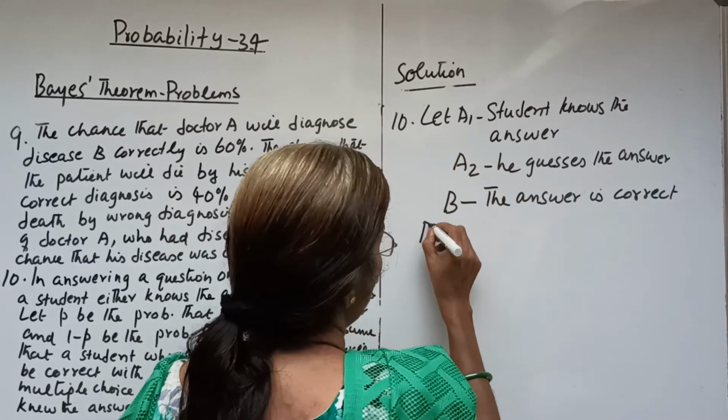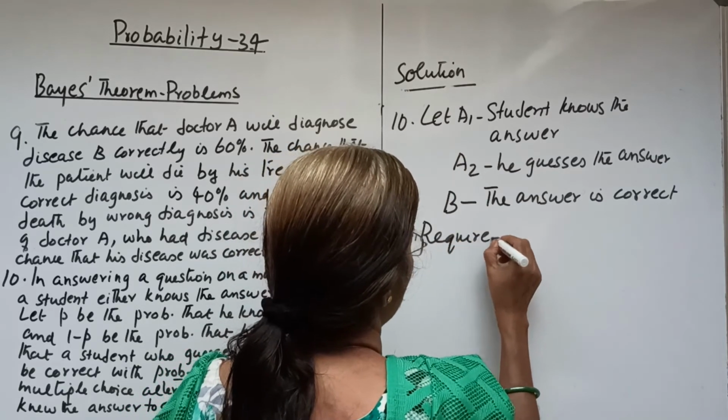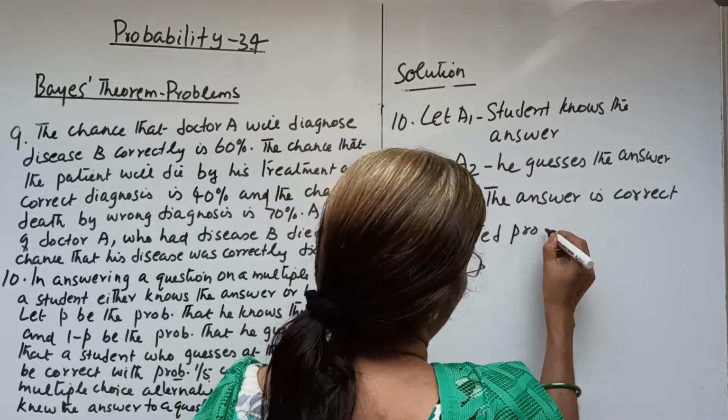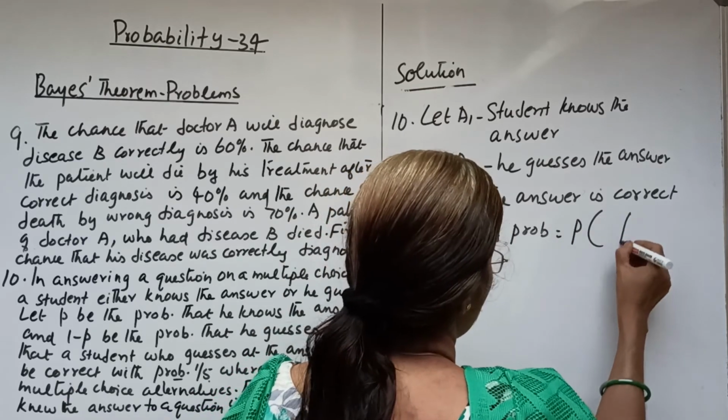So the required probability is the probability that he knew the answer, A1, given B, that the answer is correct.